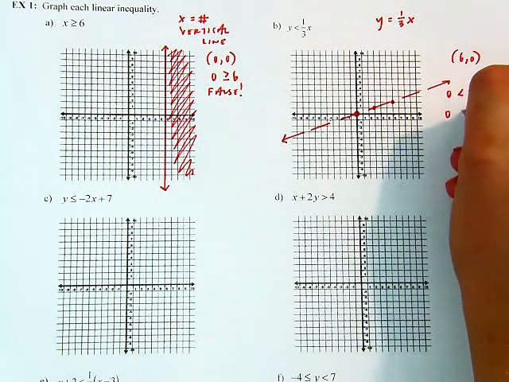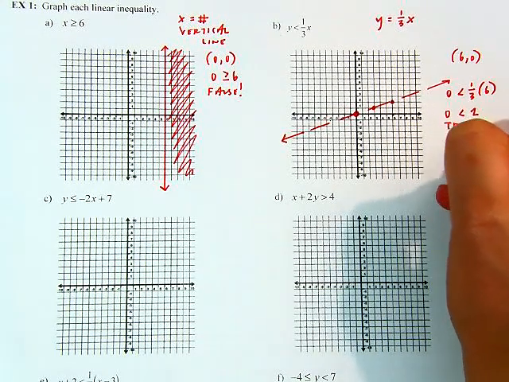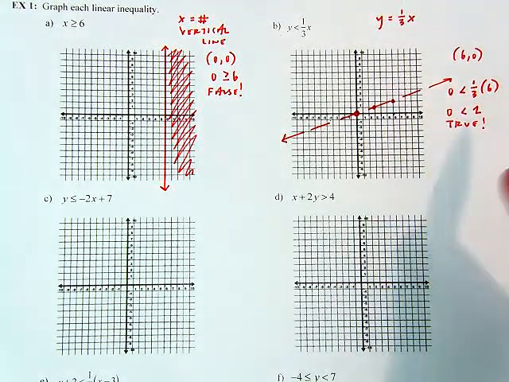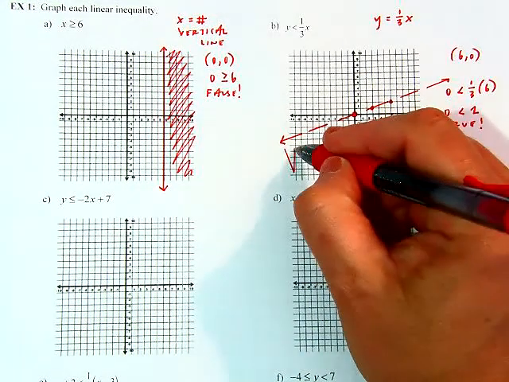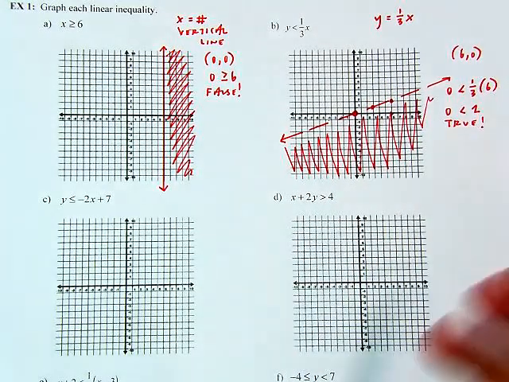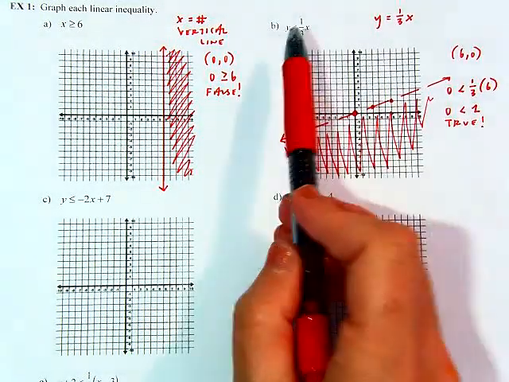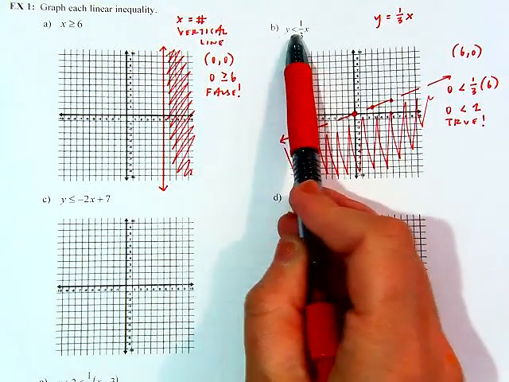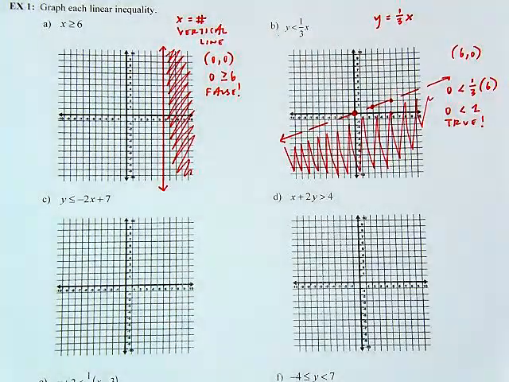So is 0 less than 2? Absolutely, that is true. So I'm looking for the region where the point 6, 0 is, and I'm going to shade it. Any point that falls in this region will make this statement true. Anything that falls in this region will make this statement false.